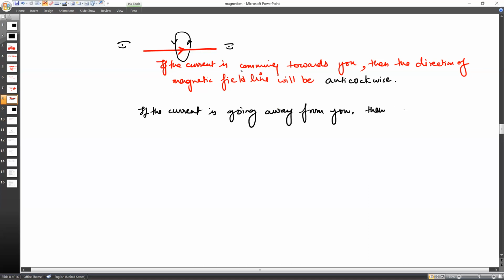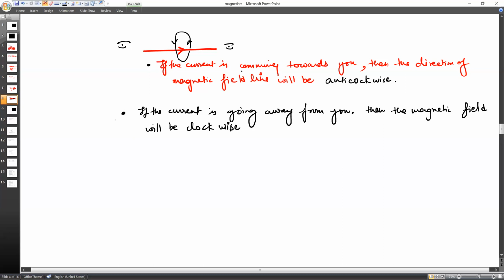The magnetic field will be clockwise. Got it? The magnetic field will be clockwise. So you have to note these two points.